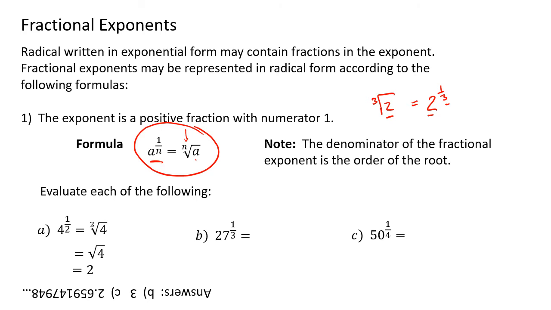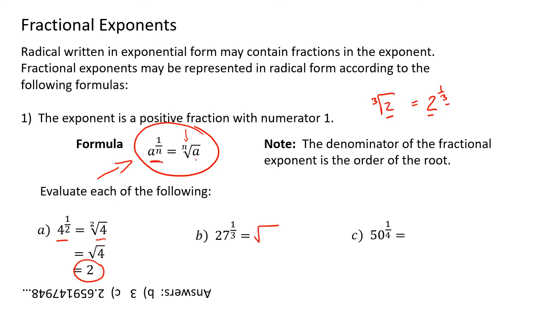So let's look at a few examples. 4 to the exponent 1 over 2 is equal to the square root of 4, because you can just write that, remember, using this formula. And the square root of 4 we know is 2. Example B, we have 27 to the exponent 1 over 3.